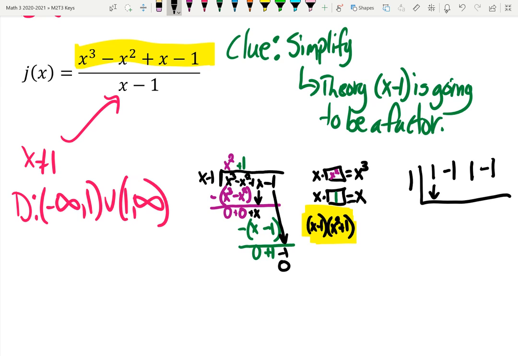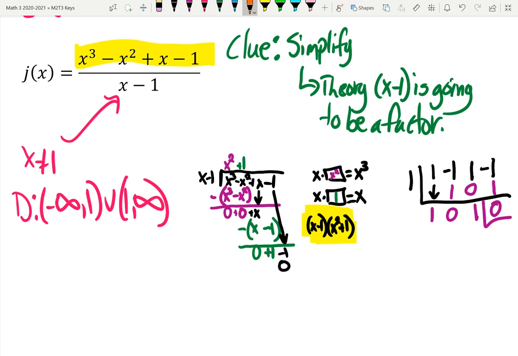And to get started, I bring the first number down. 1 times 1 is 1. Then I add them together, makes 0. 1 times 0 is 0. Then 1 times 0 is 1. 1, 0. This last one is going to be my remainder.